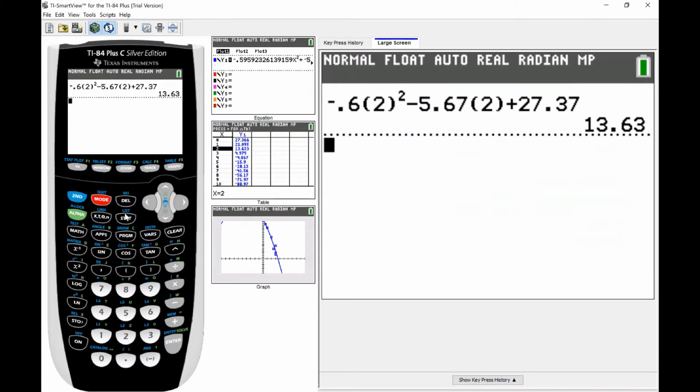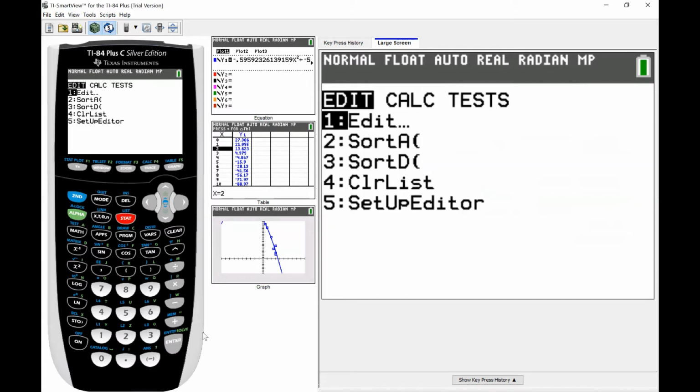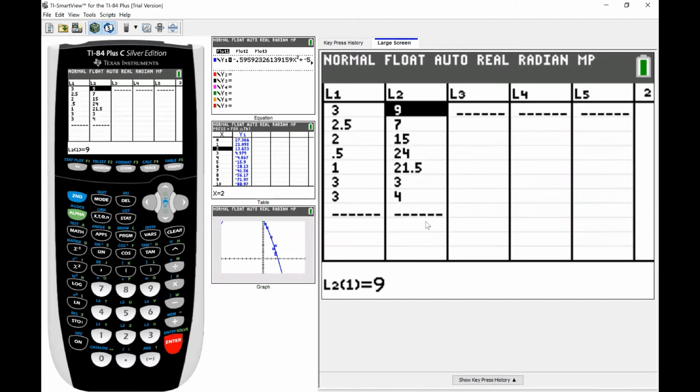Now, the other thing I want to show you is we were making a prediction. What is y when x is 2? If I go look in my data in my table, when x is 2, well, I have a y value when x is 2. Well, this is just a random sample of data, right?